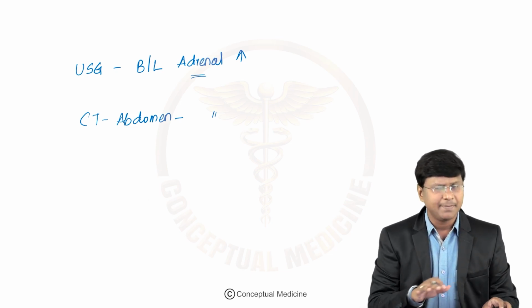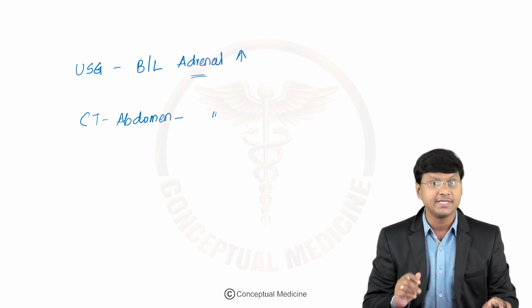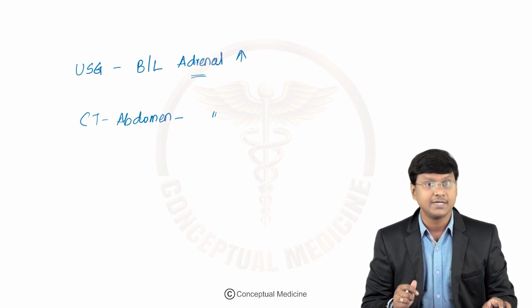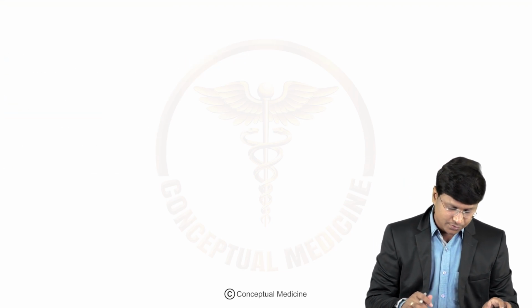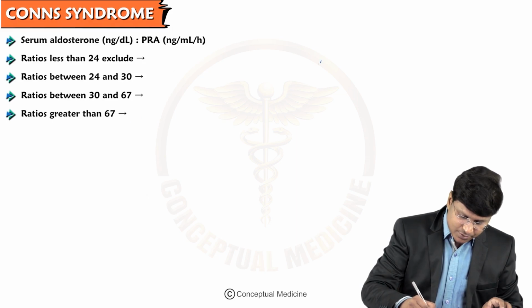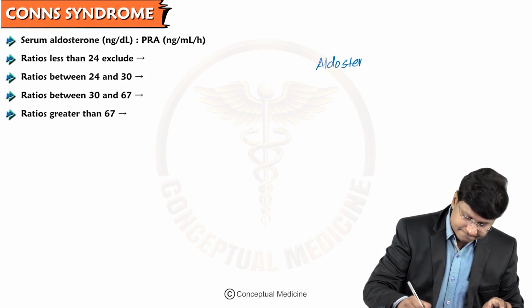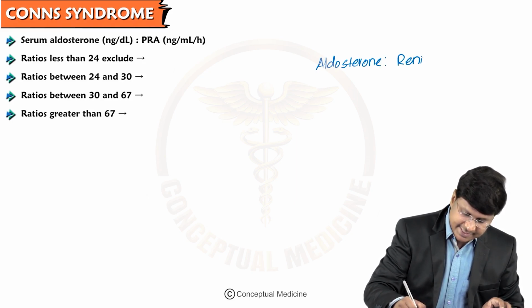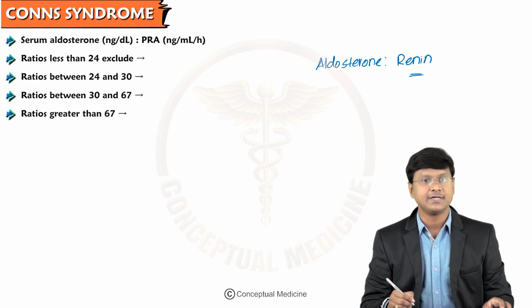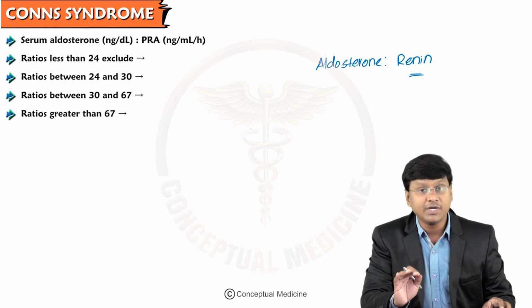Now, apart from these investigations, you take the aldosterone levels, right? Aldosterone renin ratio. This is the ideal screening test for your hyperaldosteronism. What is the normal aldosterone renin ratio?